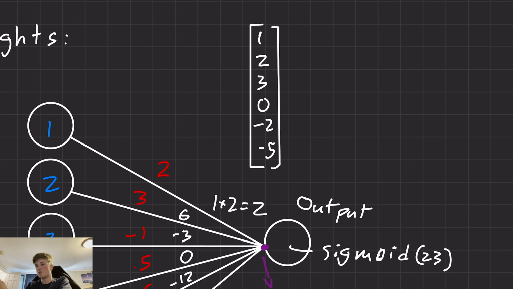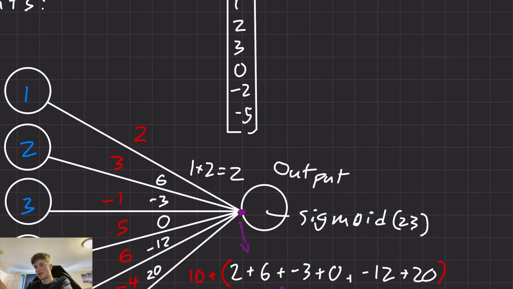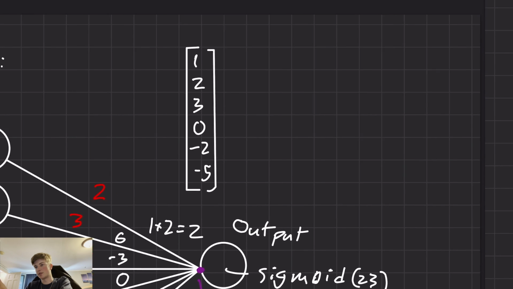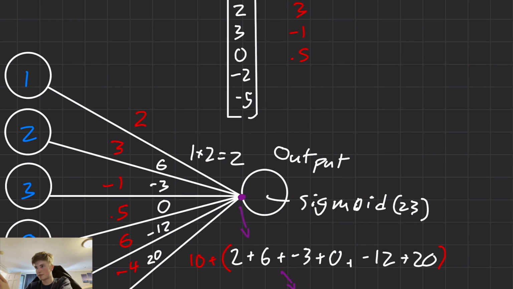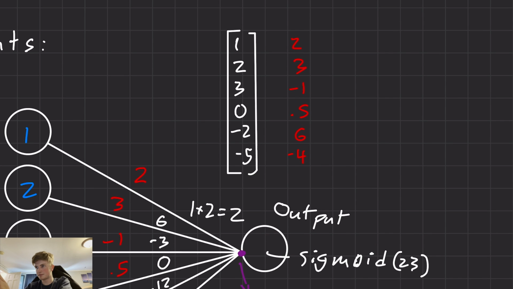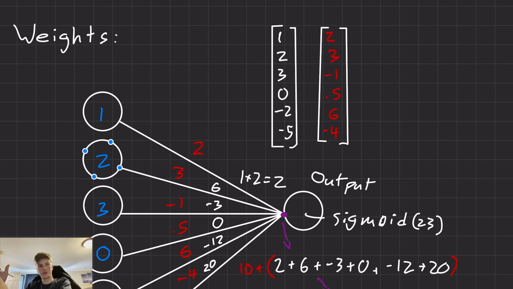And then we write our weights as another vector. I'll do it in a different color. 2, 3, -1, 0.5, 6, -4. So there are our two vectors.